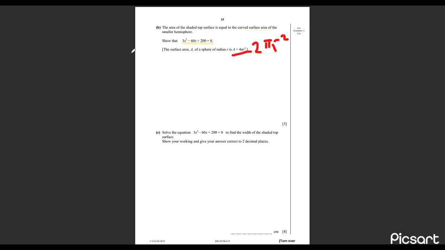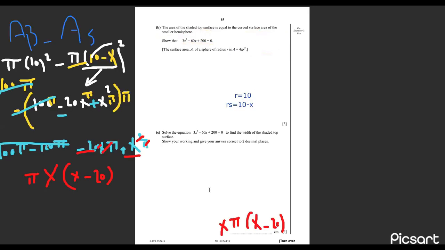So all we do is take the equation that we already got, x pi multiplied by (x minus 20), and it will be equal to the hemisphere's 2 pi r squared.